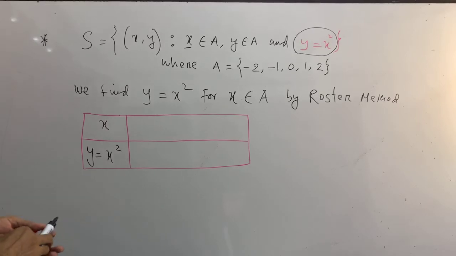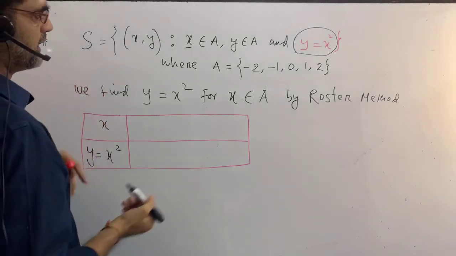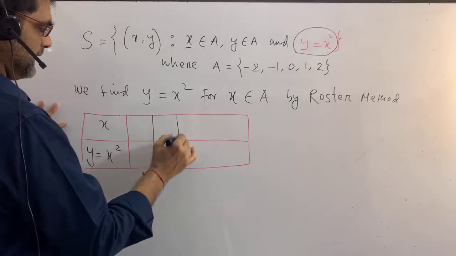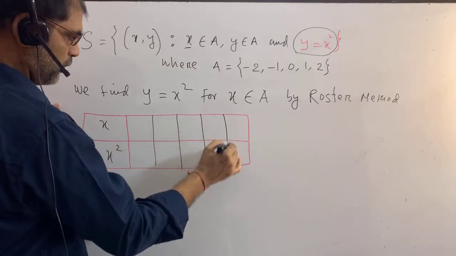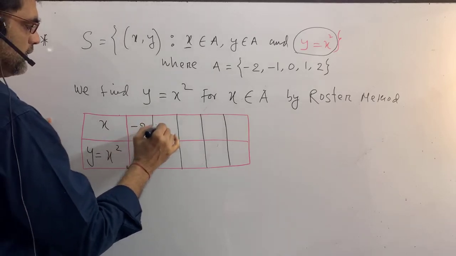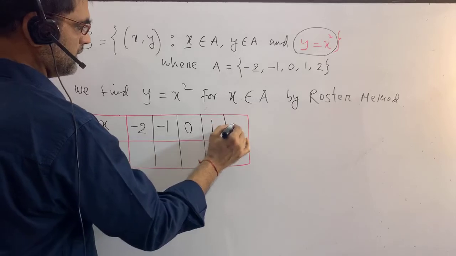Now you see, it is x and it is y equal to x square, right? Okay. Now what the values we are given here for A? -2, -1, 0 and 1, 2. So we are going to write down here -2, -1, 0, 1, 2.